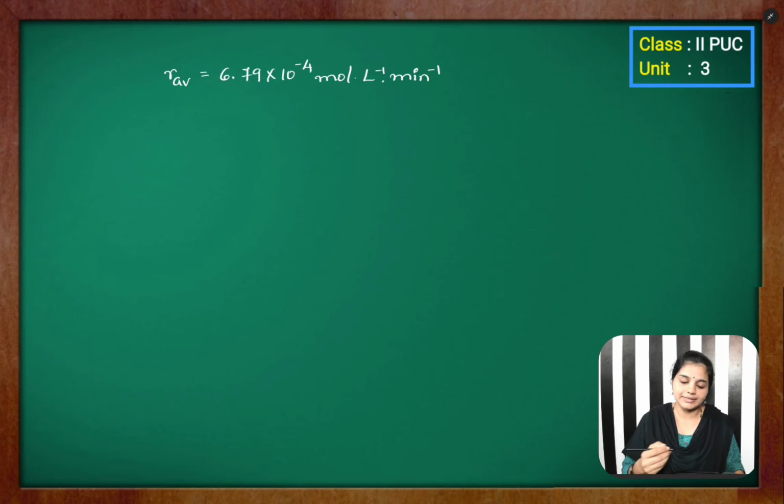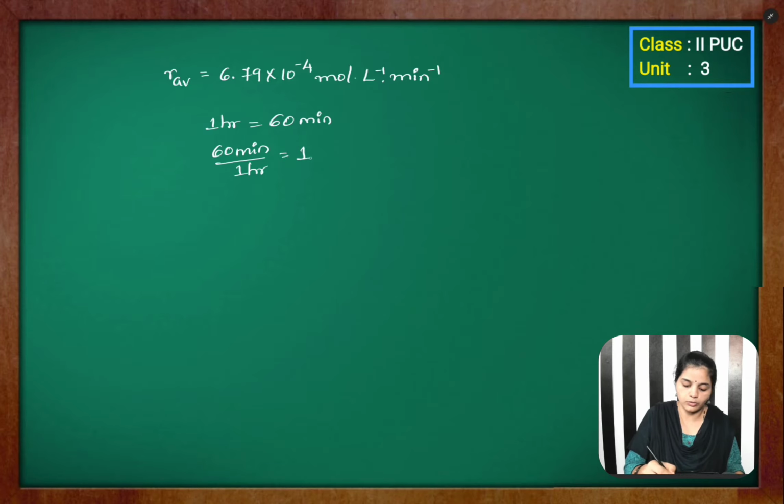So converting minutes into hours, we'll do it first. We know that 1 hour is equal to 60 minutes. So now I need hour in the numerator part. So I'll write this as 60 minutes divided by 1 hour is equal to 1.